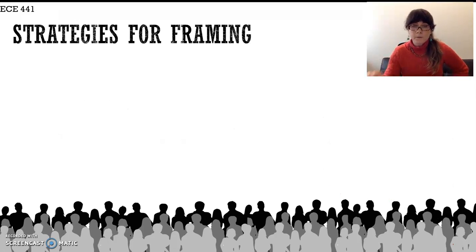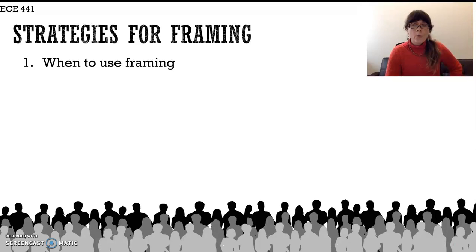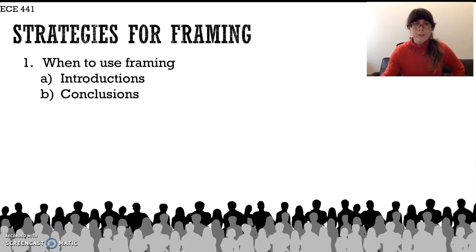Okay, strategies for framing. So when do you need to use framing language? Where does that go in your document? It goes in the introduction, as we've discussed in the introduction video. It should also go in conclusions. This is your overall conclusion for your overall document, and it could also be a so what line at the end of each section to conclude that section.